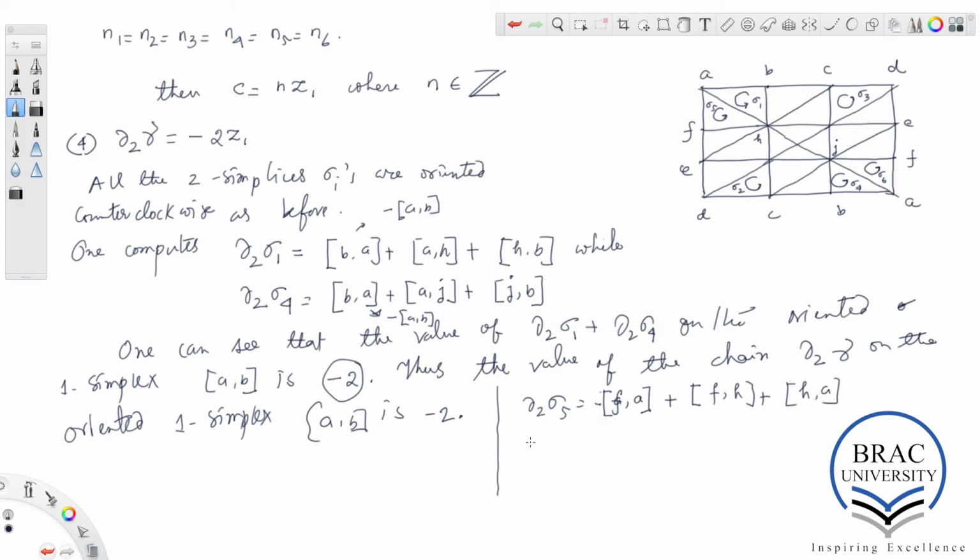And one can also write del 2 sigma 6 as follows: again one starts with a comma f, which one can write as minus f comma a plus f comma j plus j comma a.